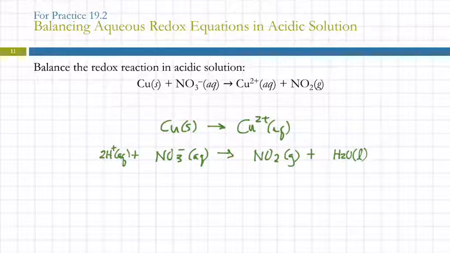Next, I have to take care of electrons and balancing the charges. I've got +2 on this side and 0 on that side. If I add 2 electrons over here, I can make both sides 0. And then in the second equation, here I've got a neutral molecule and a neutral molecule, so those are adding up to 0. And what does this side add up to? +1.